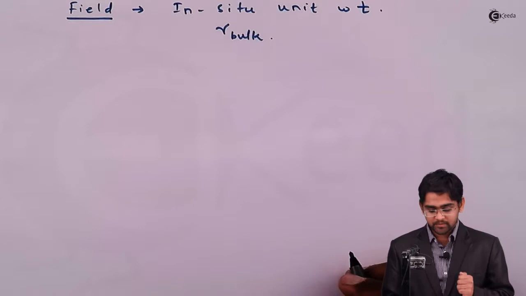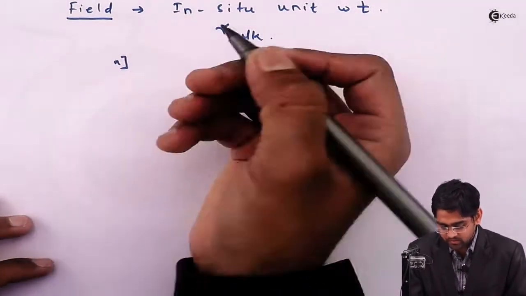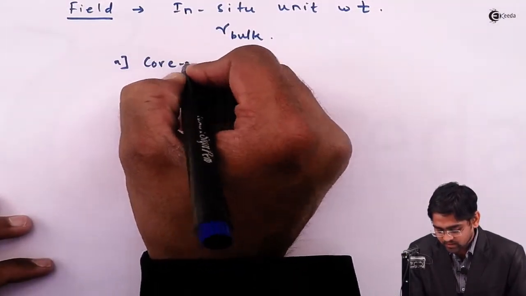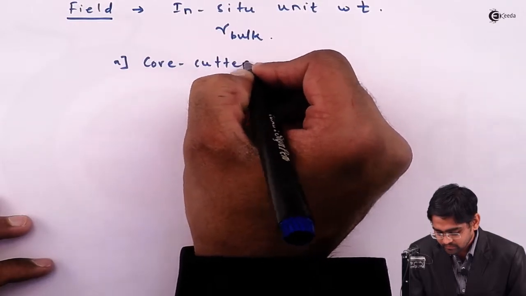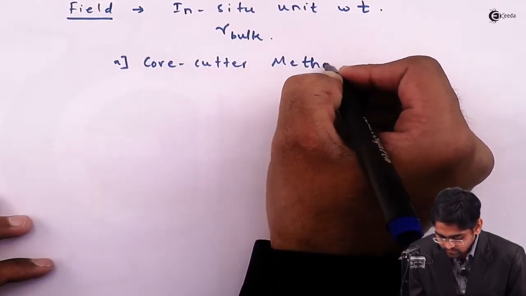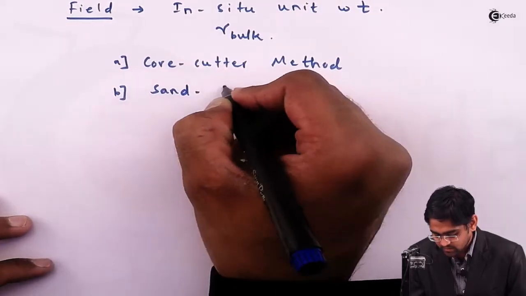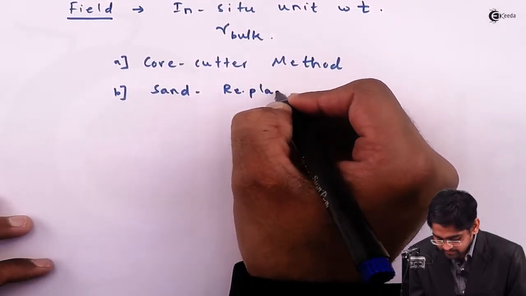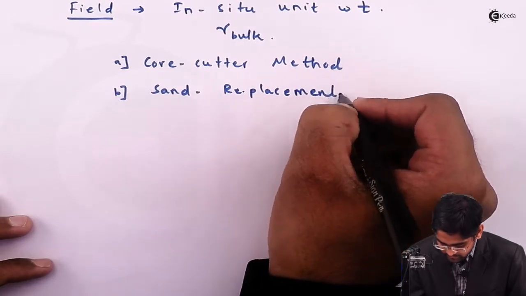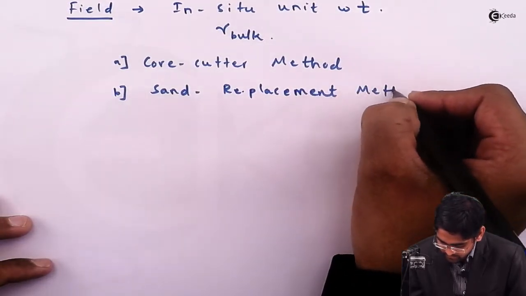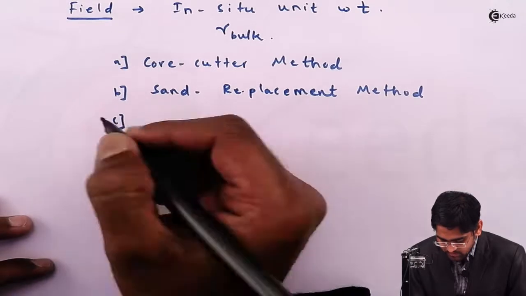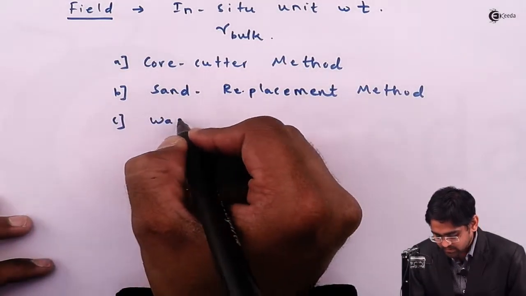We can determine it by three methods. First is the core cutter method. B is the sand replacement method. And C is the water displacement method.